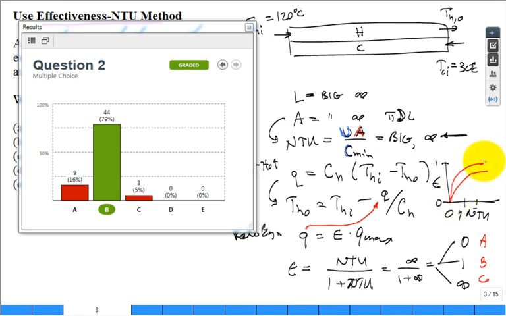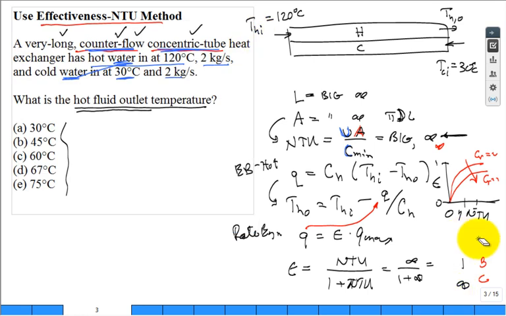And usually the highest is C sub R equal to 0, and then the lowest is C sub R equal to 1. But they could approach 100% for effectiveness. It's not like they ever go off to infinity for effectiveness. And unless NTU is 0, the effectiveness is above 0. So this is the best option right there. So let's finish that. So we've cleaned this up. And so it's 1.